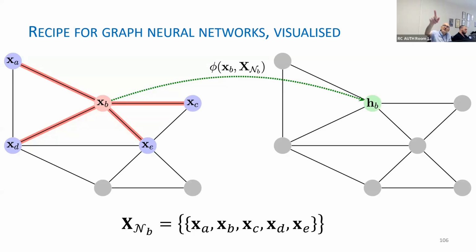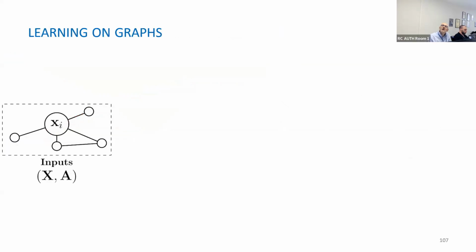The function phi maps that node into a transformed space, given by this h_i, taking into account the node itself and the neighborhood. Of course, we can have different ways in which we perform this transformation. This originates the different methods that we have on graphs.